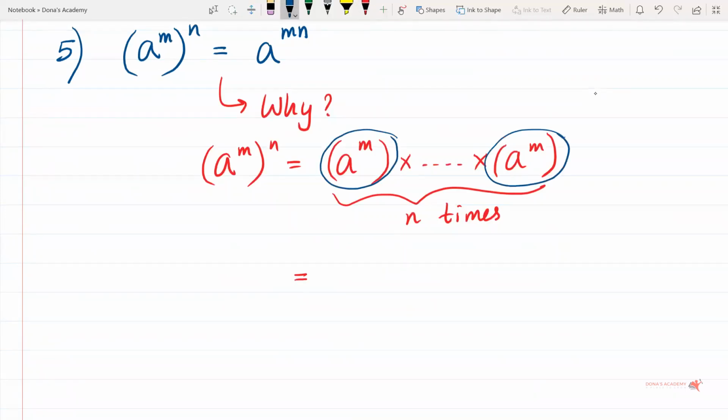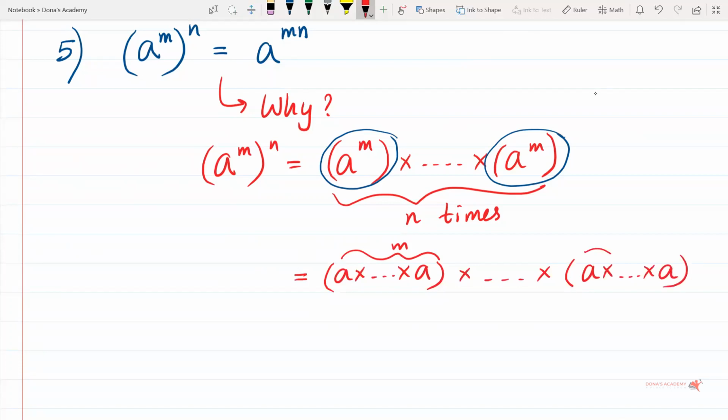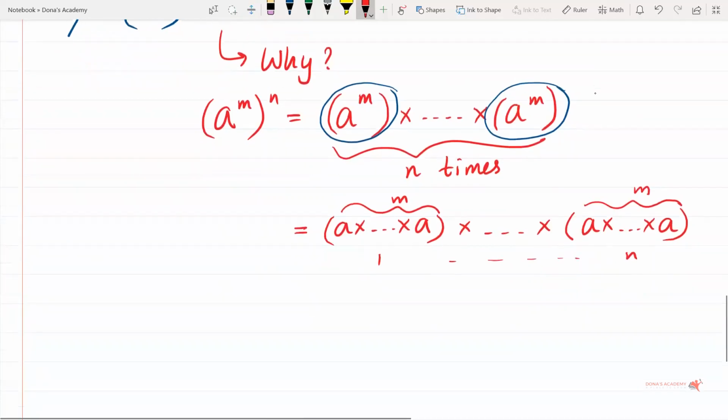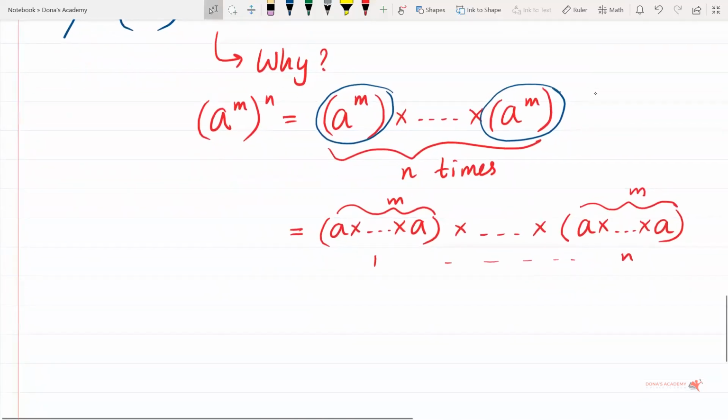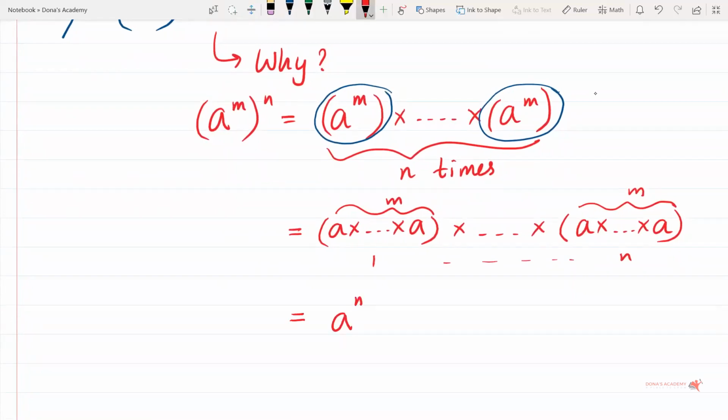If I expand each of these blocks, then what do I get? I have m number of a's in each, and I have n number of such blocks. This is my first one, and up to here, this is my nth block. So how many a's do we see in total? It is nothing but m times n, right? So we have a to the power m times n.